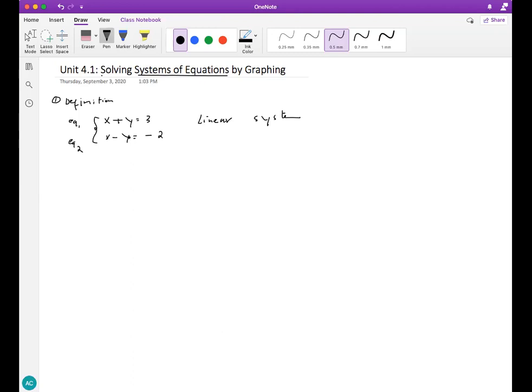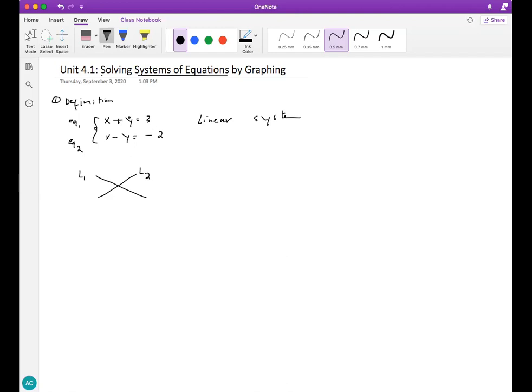We're going to check a couple of solutions. Usually when you have a system like this, these are two lines. And the solution is usually the intersection of the two lines. So for example, line 1, line 2.